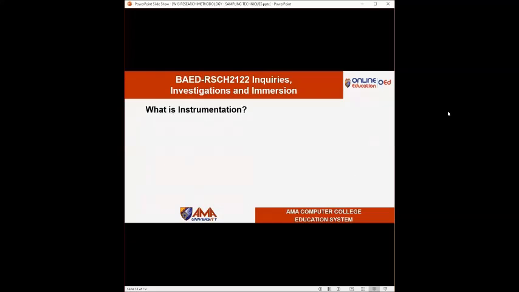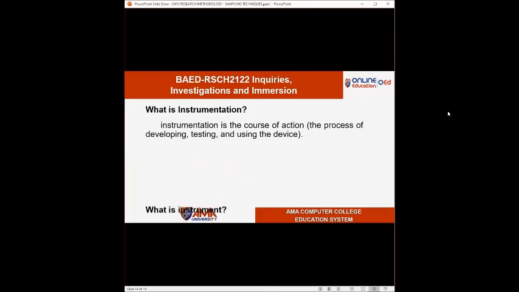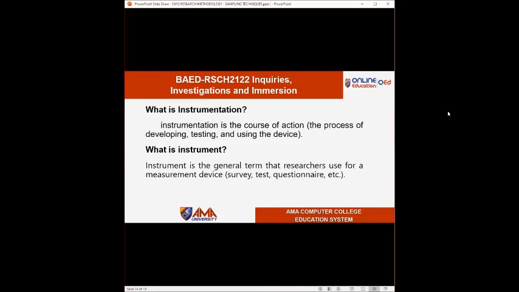Okay? What is instrumentation? Instrumentation is the course of action, the process of developing, testing, and using the device. Ang instrument naman is the general term that researchers use for a measurement device like survey, test, questionnaire, and etc. Para mas maintindihan natin ano ba itong dalawa na to, let's consider that the instrument is ito yung device, and instrumentation is the course of action.